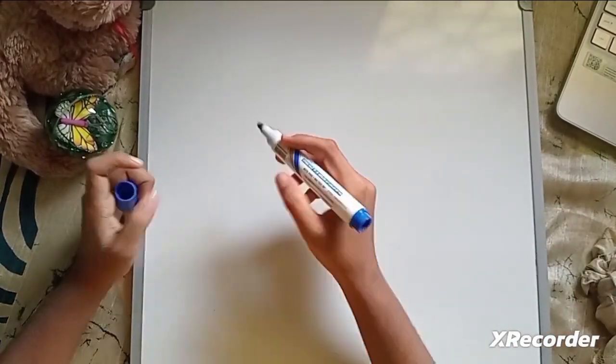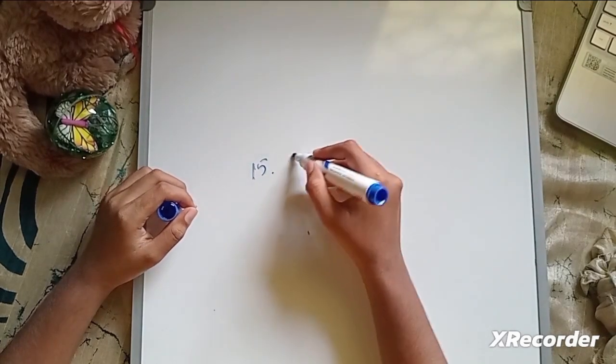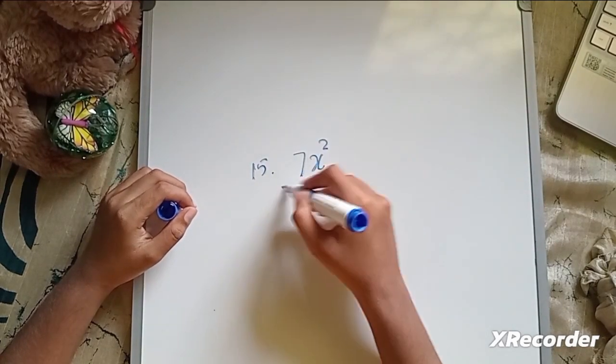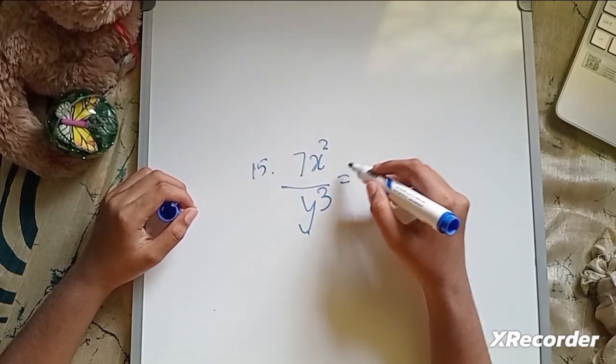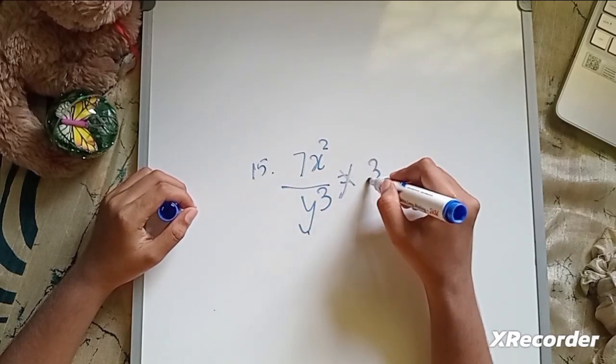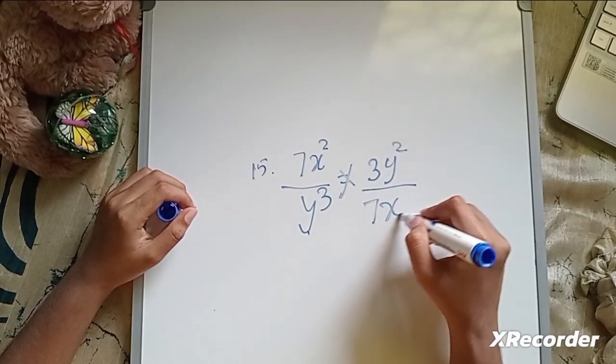Then question number 15. How to simplify this: 7x squared y to the power 3 over 3 y squared 7x.